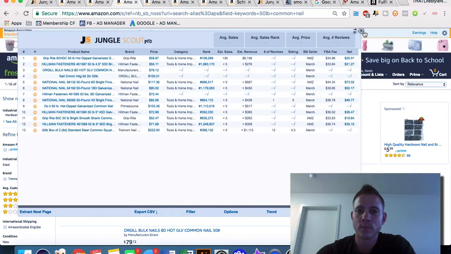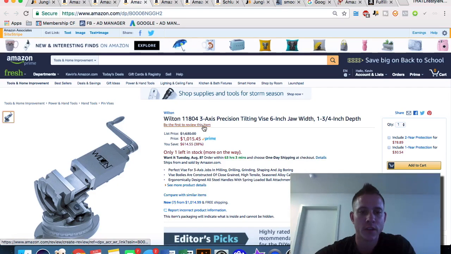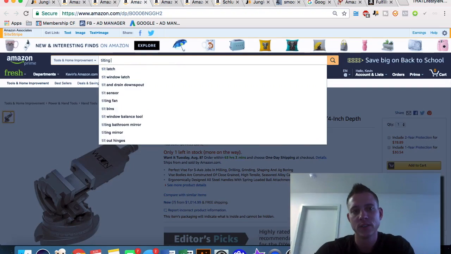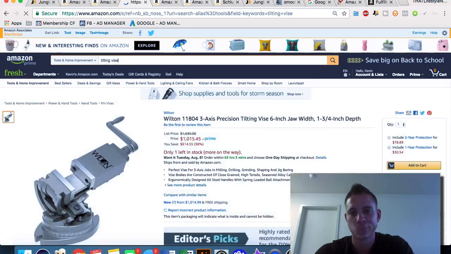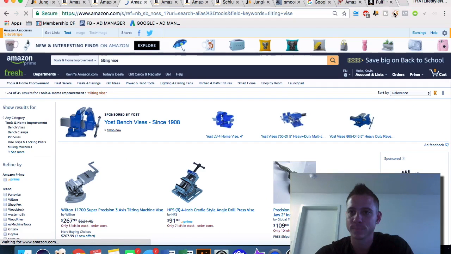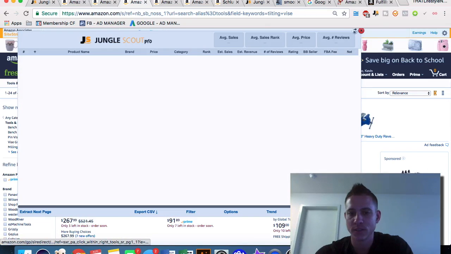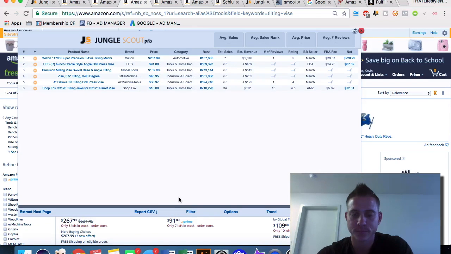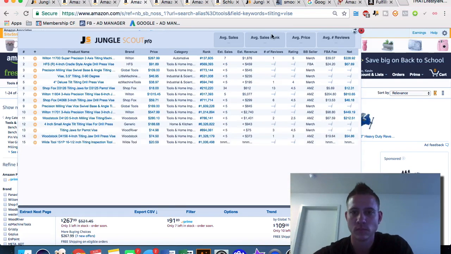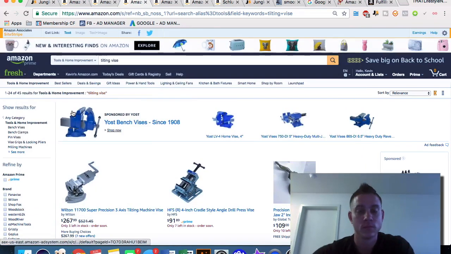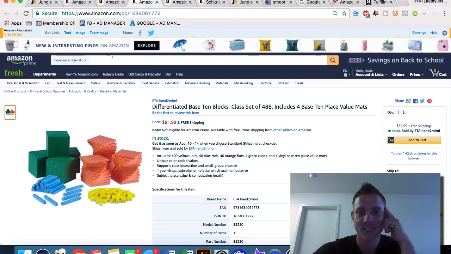So a one-off case again. Let's do tilting vise. As you can see, the sponsored posts are filled here on the right. Again, not very impressive. Place value mats.